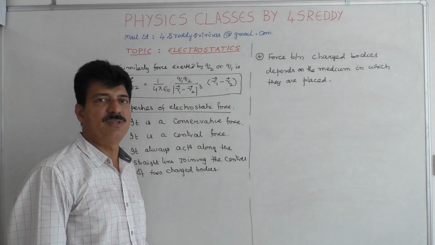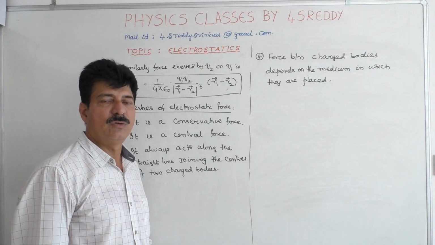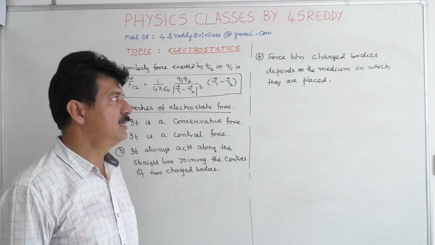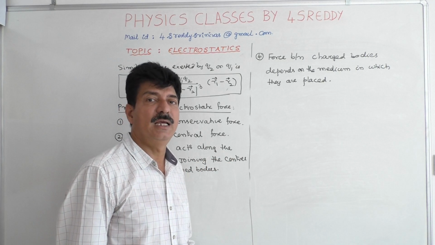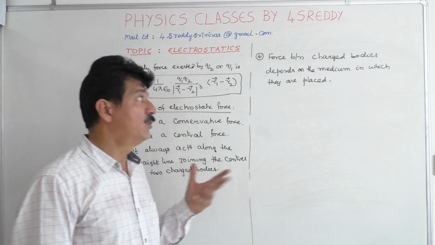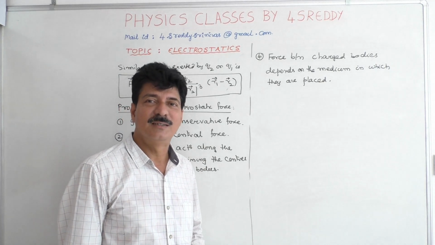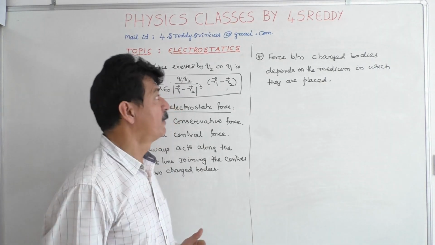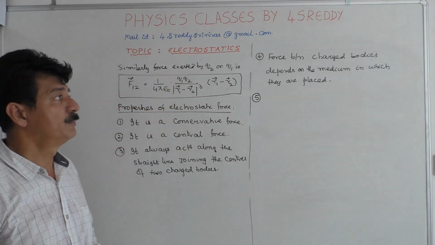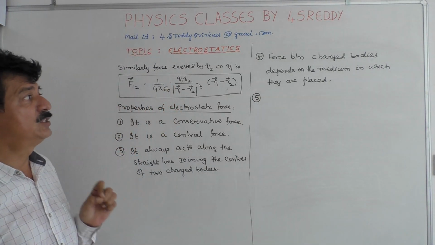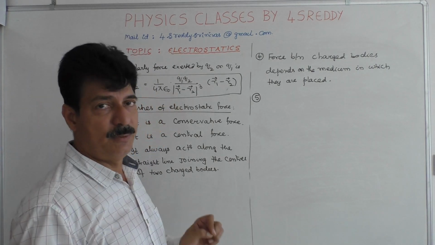Because F in medium is equal to F in air by K. For a different medium, the K value is different, therefore the force differs. But if it is a gravitational force, then the force between the two bodies is independent of the medium present, which we discussed in gravitation also. So the force between charged bodies depends on the medium in which they are placed.